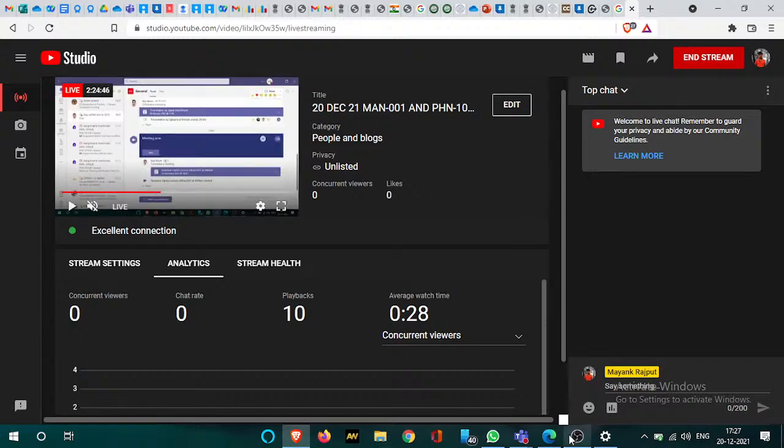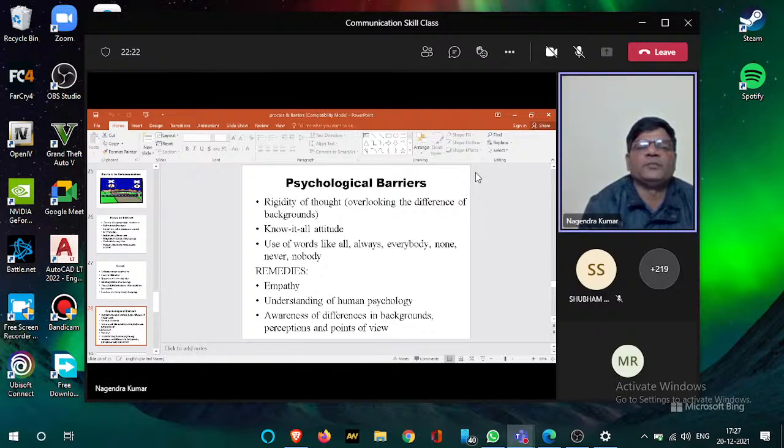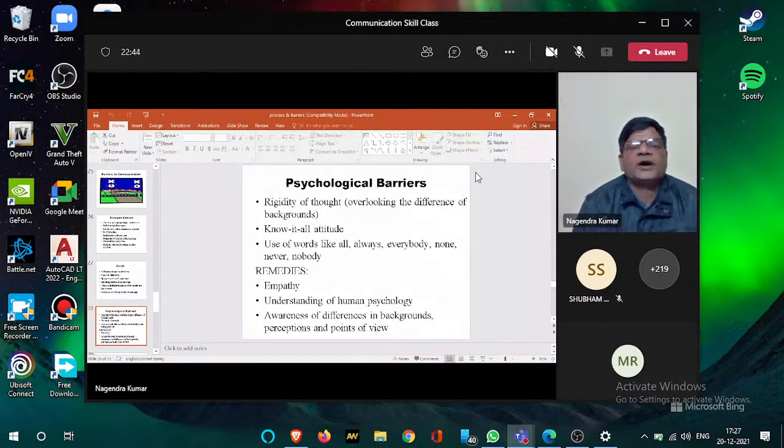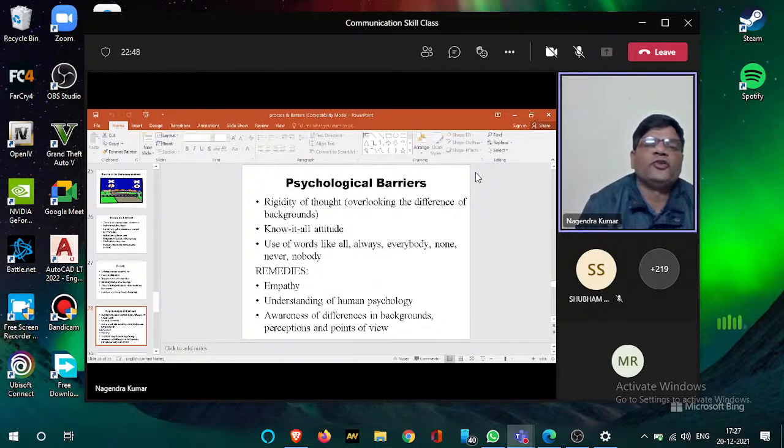So his circumstances of life may have forced him to concentrate on his study more and more, forgetting all about the fun side of his life. So rigidity of thought is a psychological barrier, and as a communicator, you should not reach any conclusion without knowing the fact. And again, the other way also, it is not good.